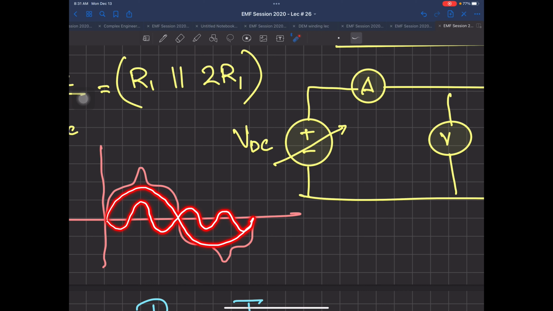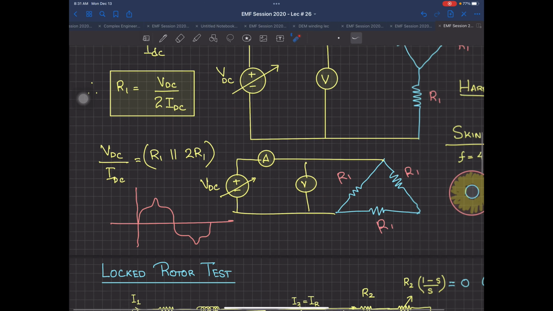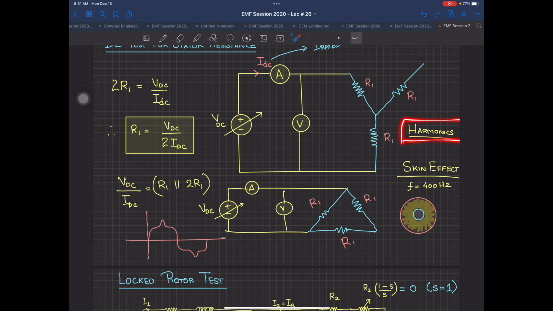So whenever a device is working and it is a non-linear device, remember the word is non-linear, because here the current is not following the voltage waveform. If the voltage waveform is like this, the current is having this shape over there. So this is a non-linear device. When this is happening, harmonics are always present.